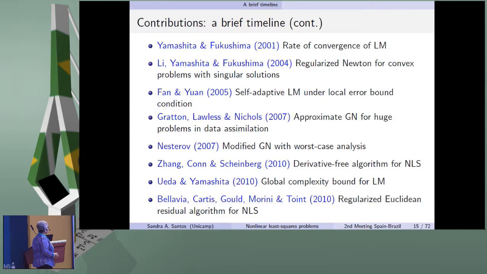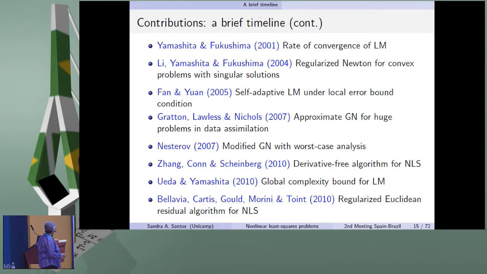Now, concerning the 2000s, the interest moved more to problems with rank-deficient Jacobians. And in this research, huge problems also started to be addressed, as well as the worst-case analysis that became fashionable.